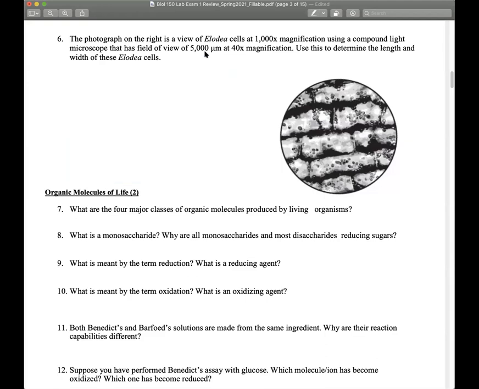So we know what the field of view is at 40x. Now we have to calculate what it is for this image at 1000x. So again, we're going to use the M1 D1 equals M2 D2 formula.